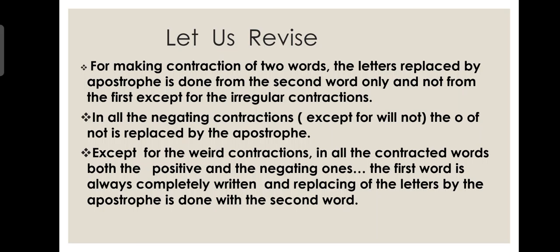In all the negating contractions except for will not, the O of not is replaced by the apostrophe. Except for the weird or irregular contractions, in all the contracted words, both the positive and the negating ones, the first word is always completely written and the replacing of the letters by the apostrophe is done with the second word.